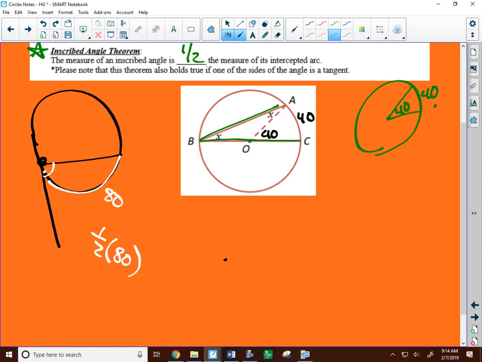I can find that by looking at this triangle. These are both radii, so they're congruent. We saw an example like this yesterday for finding the measures. I can subtract 40 from 180 and get 140 for that angle. Then in this purple triangle, x and x are both the same because it's isosceles.